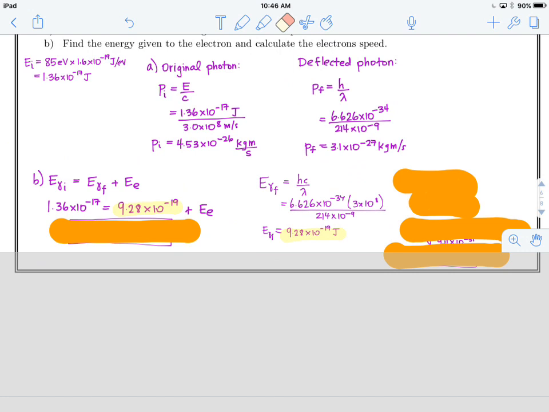So then all we have left to find is the energy of the electron, and we simply subtract 9.28 times 10 to the negative 19 from both sides, and we end up with our result, 1.27 times 10 to the negative 17. So there's the energy that's been given to the electron.